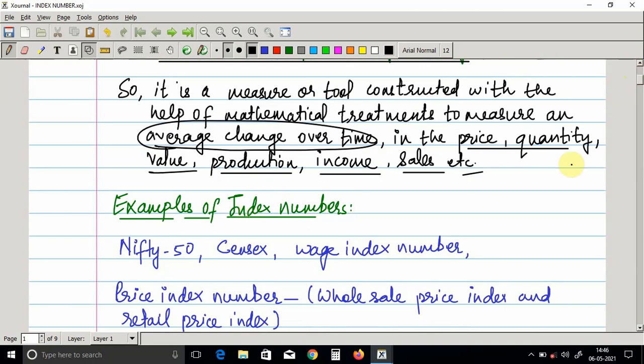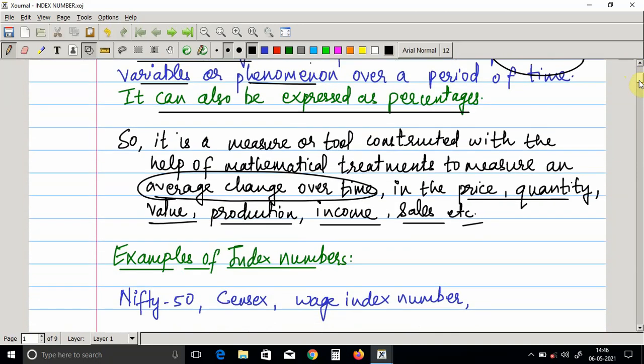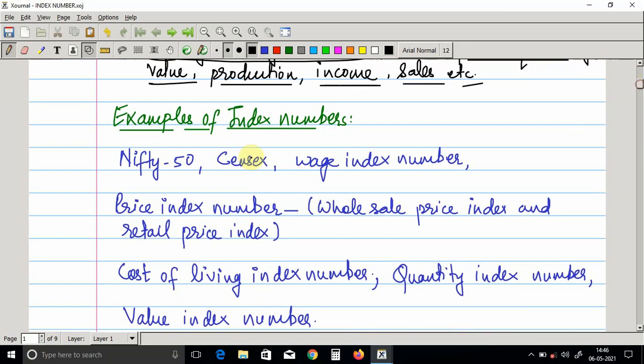Examples of index numbers are: Nifty 50 is an example of an index number. We can track the performance of the NSE just by looking at this index number. Likewise, Sensex is related to the Bombay Stock Exchange.